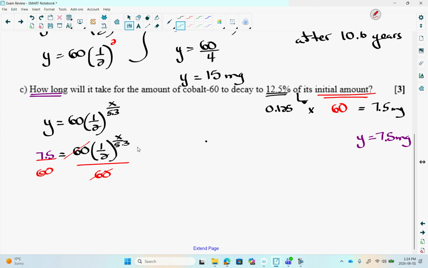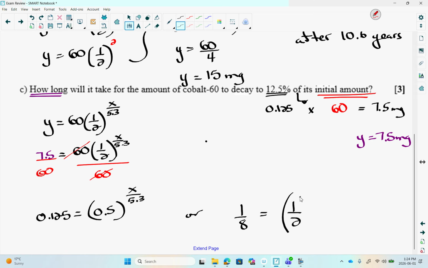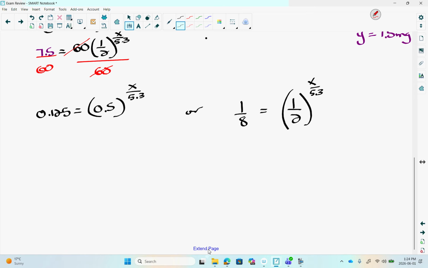And 7.5 divided by 60, it's 0.125. And over here, I have 0.5, 1/2 to the power of x over 5.3. You could write it like this. 1/8 equals 1/2 to the x over 5.3.